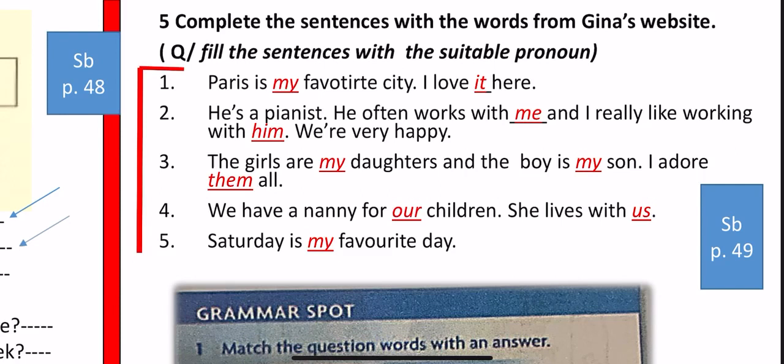We have a nanny for our children. We subject, have verb, a indefinite article, nanny object. For preposition, our children. Our possessive adjective plus noun children. She lives with us. Here she subject, lives main verb.